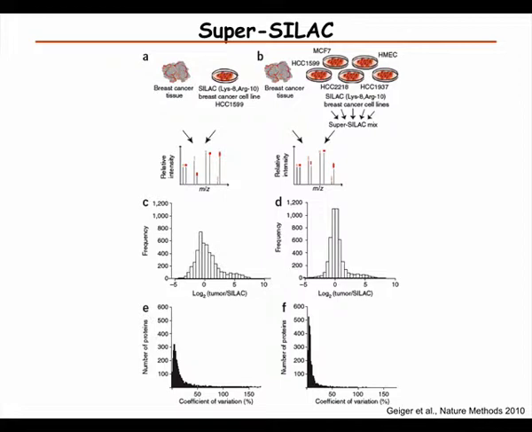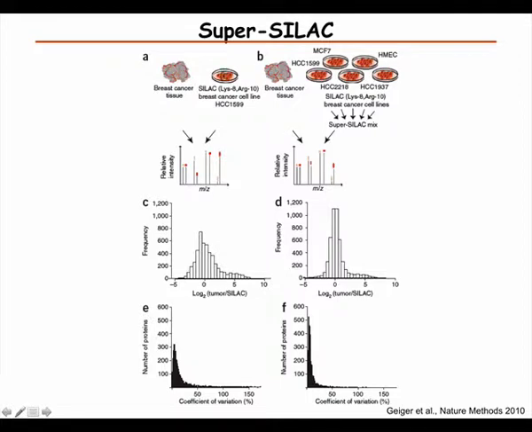Now, you can't always do heavy labeling at cell growth, for example if you have clinical samples. So what people have suggested, and this comes from Matthias Mann's group, is to use SILAC.